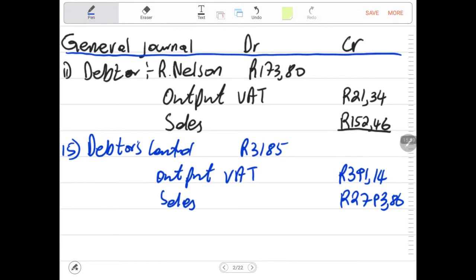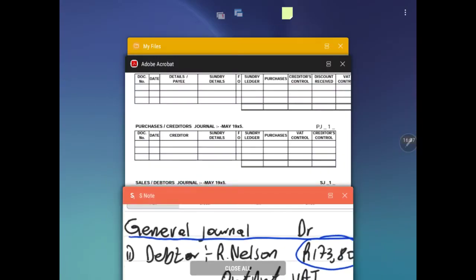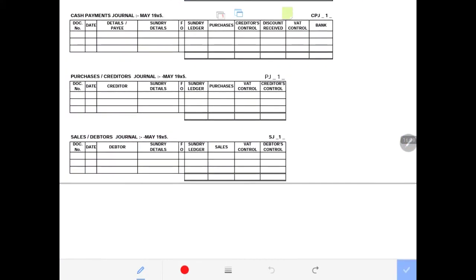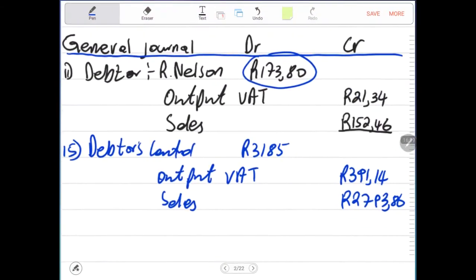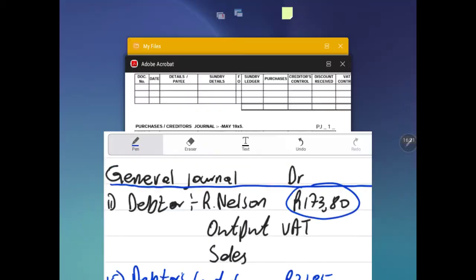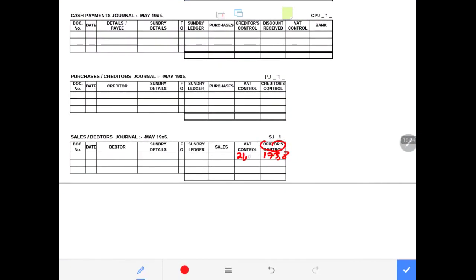In this case, under our debtors control we record 173.80. Let us look if we do have a debtors control column. Yes, we do. So that 173.80 will come here. There is a VAT of 21 rand 34 cents, so the amount of VAT will go here.